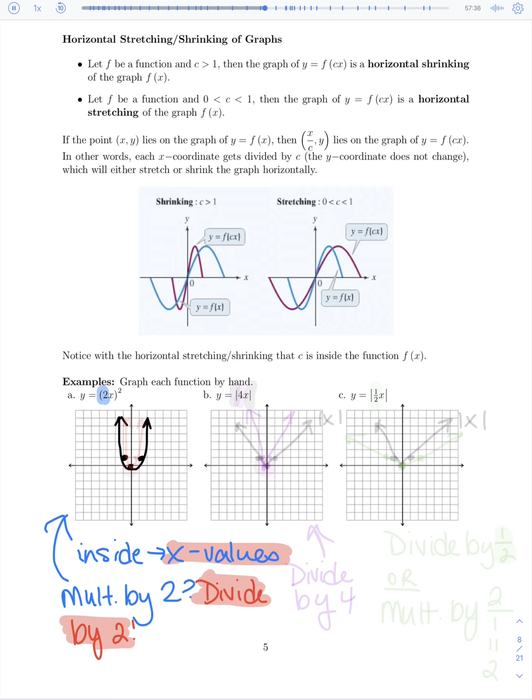So the height will still be at 1, but the x values, instead of being at 1 and negative 1 like they normally would be, will be half of that, at 1/2 and negative 1/2. Notice, however, that the y values are still up at 1. You haven't changed anything with regards to that, just your x values.